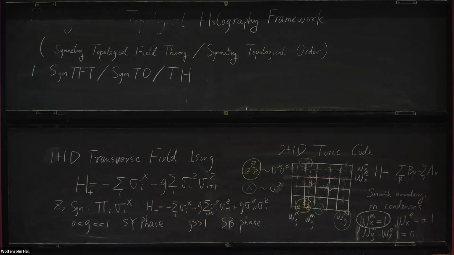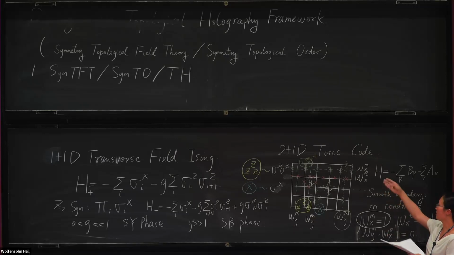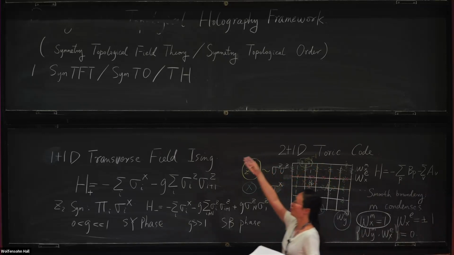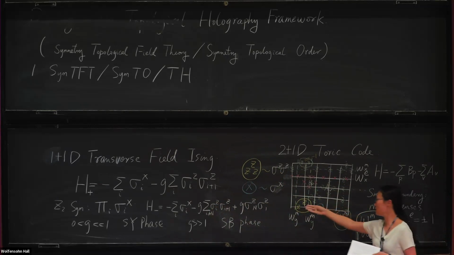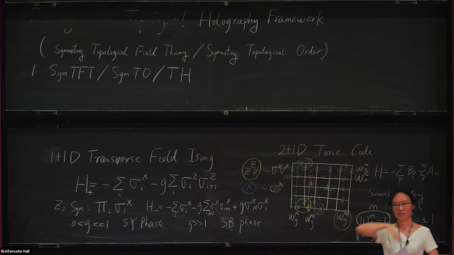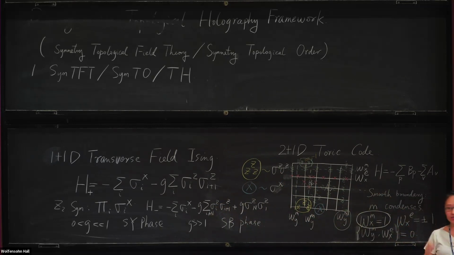All right. So this is all the features of the sandwich construction I want to talk about for this particular example of 1 plus 1D transverse field Ising on the boundary of 2 plus 1D toric code. And you might see why they're associated with big words like topological holography, because this is realizing something on the boundary of a higher dimensional topological state.